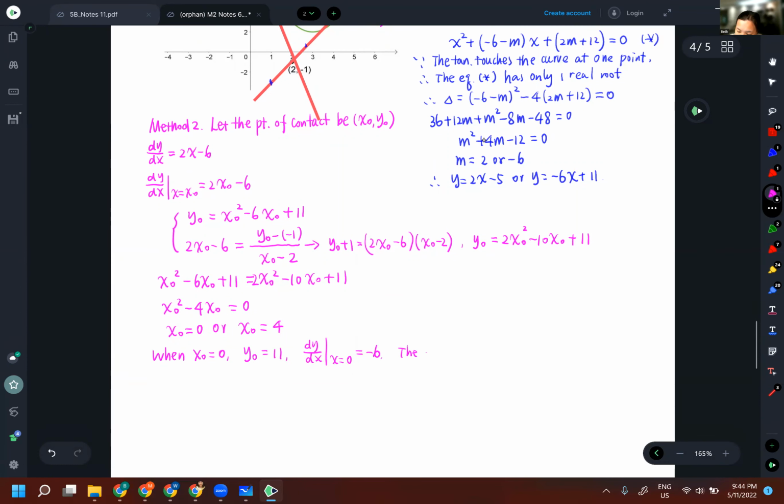The equation of the tangent is y minus 11 equals negative 6 times x, so y equals negative 6x plus 11.